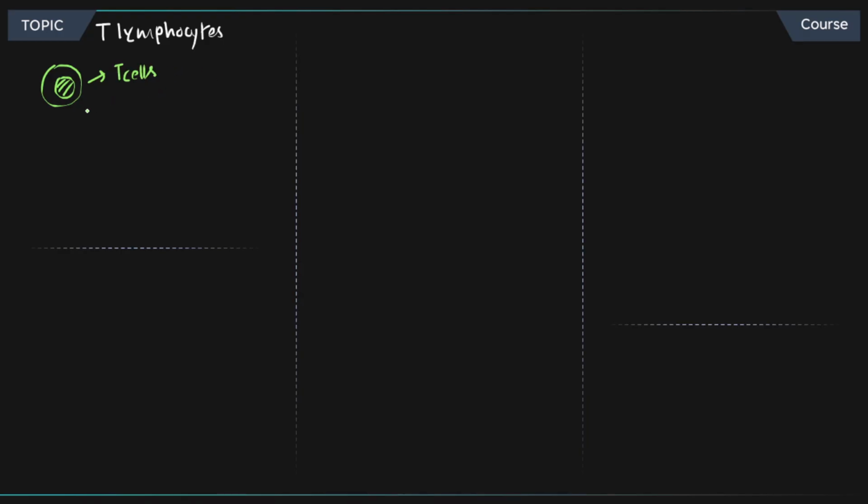That is why they are known as T cells. They mature in the thymus gland, and then they circulate in the blood and also in the lymphoid tissue. So all these cells are roaming around in the blood and also in the lymphoid organs, and their role is basically to provide immunity against various pathogens.